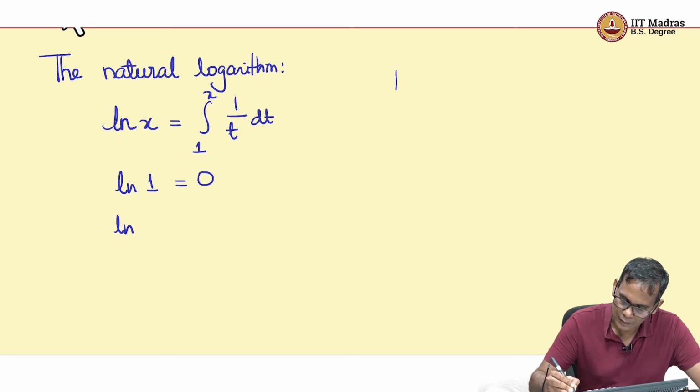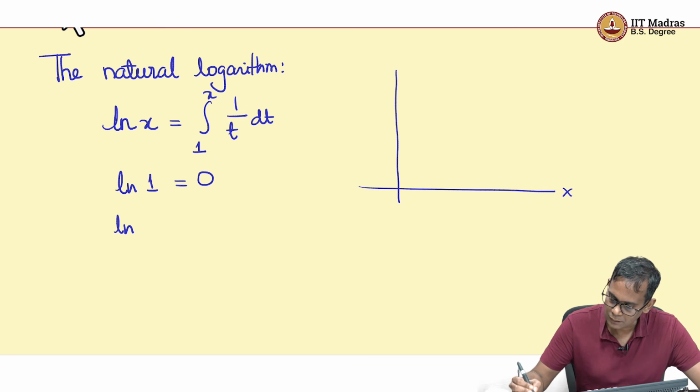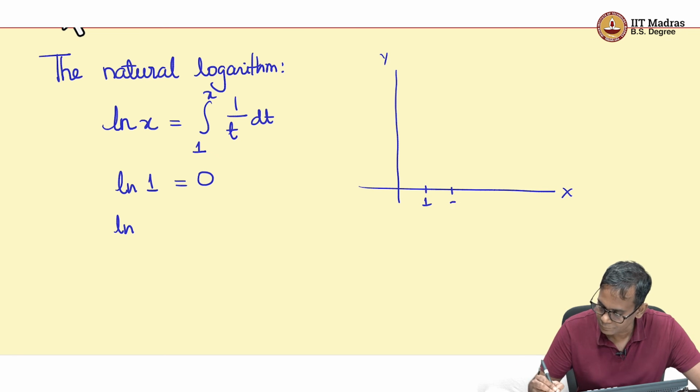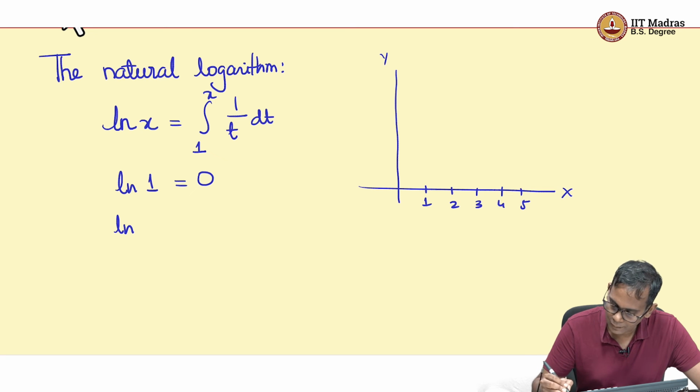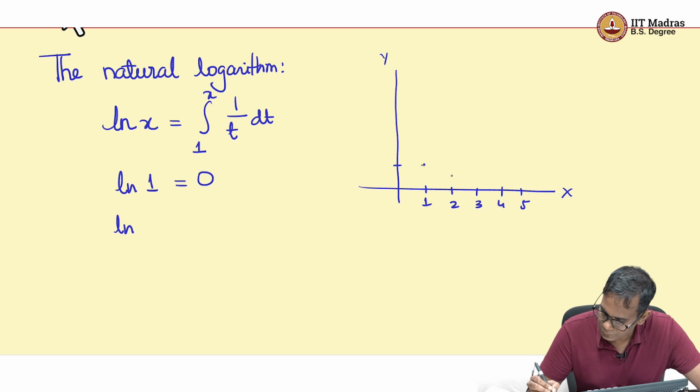Also, let us draw the graph of this function. We have the x axis, the y axis, and let us say this is 1, and this function is equal to 1 at 1, at 2 it is about half, at 3 it is 1/3, at 4 it is 1/4.